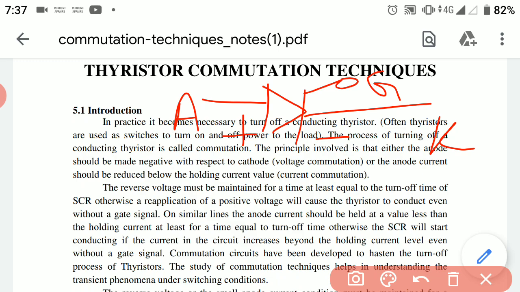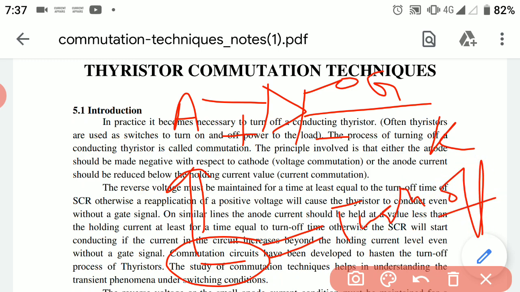That is, we have to make this anode terminal negative as it was positive earlier. If we are able to do that, then the thyristor automatically turns off, and this turn off method is known as voltage commutation.